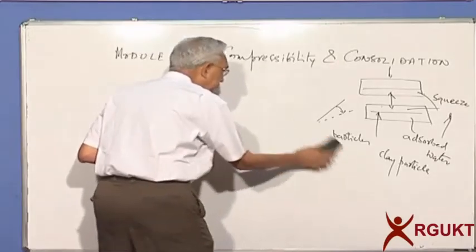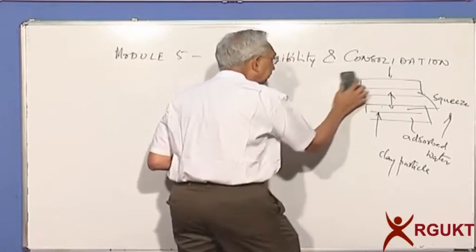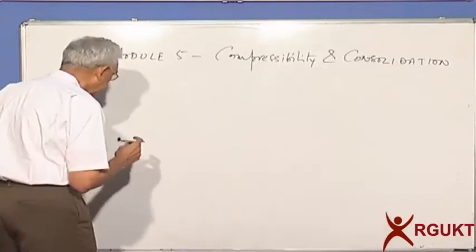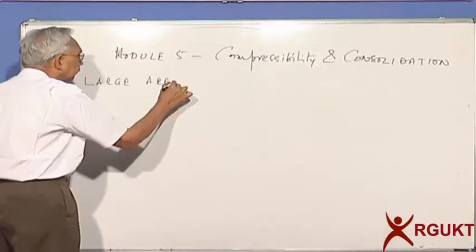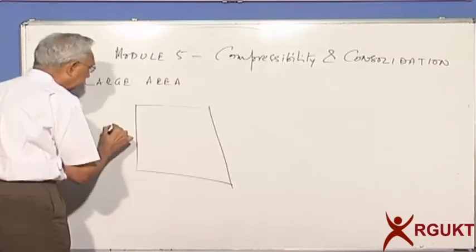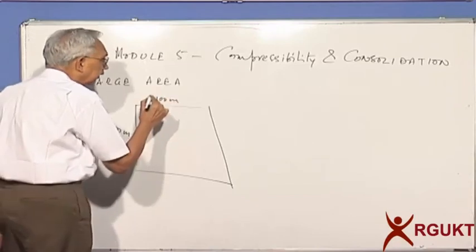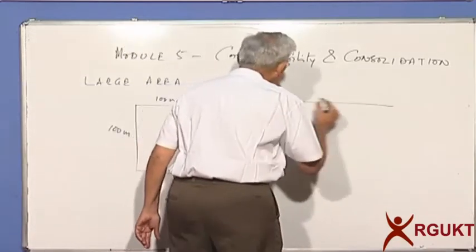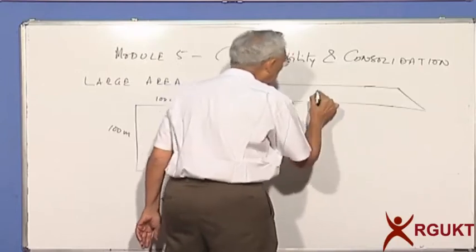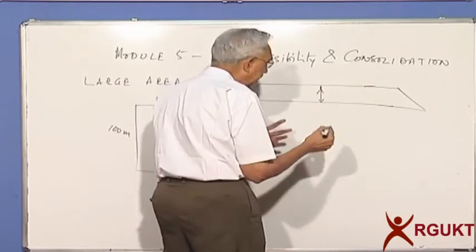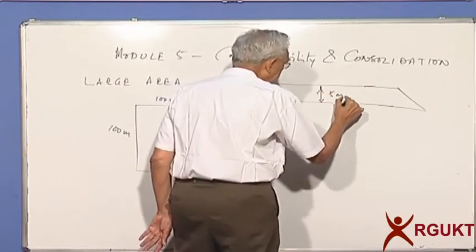Then there is another very interesting aspect in terms of deformation. We have a large area, let us say 100 meters by 100 meters, and I am trying to increase the load by building an embankment of, say, 5 meters.